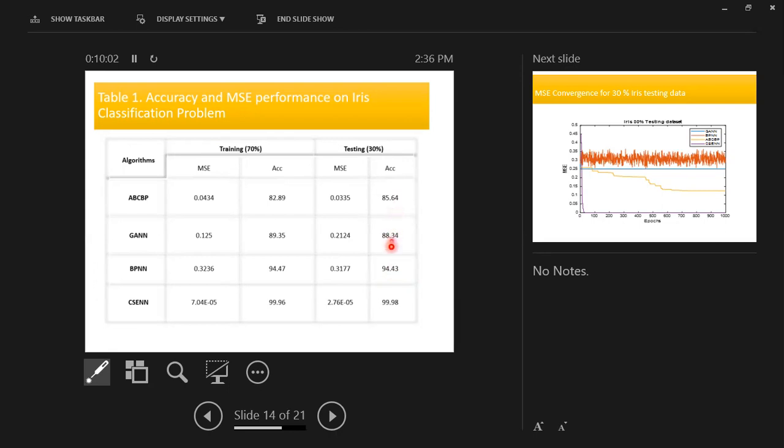After that, the chicken swarm Elman neural network gives 99.96% accuracy on training data and 99.98% on the testing data.